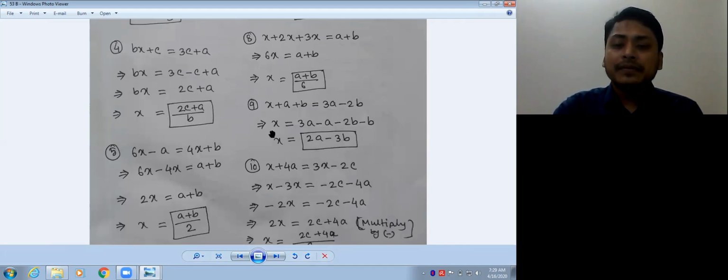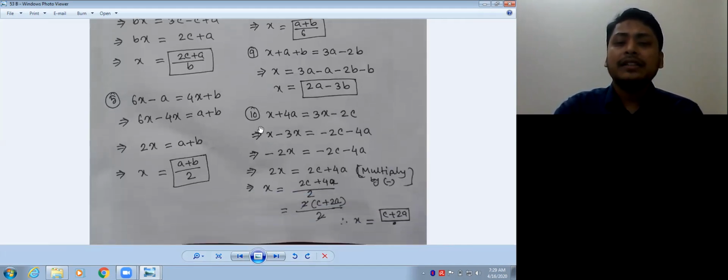Now, number 9, x plus a plus b equals 3a minus 2b. So here you can see only one x term in the left hand side. There is no x term in the right hand side. That's why only this a plus b will have to be written in the right hand side.